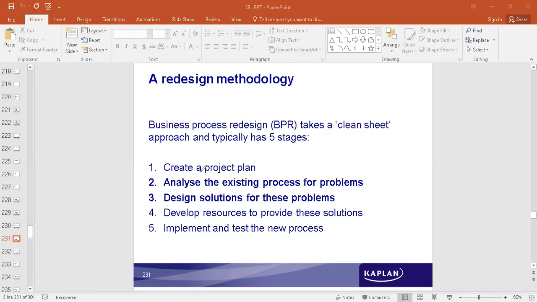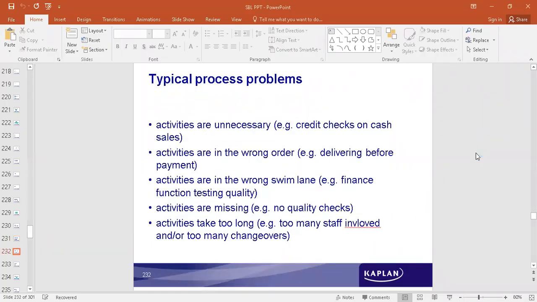Once the concept is approved, then the actual system would be designed and introduced. Of course, there would be a pilot run, then there would be reviews, etc. Finally it will be implement and test the new process. So that is about the stages of BPR, 5 stages in the business process reengineering.